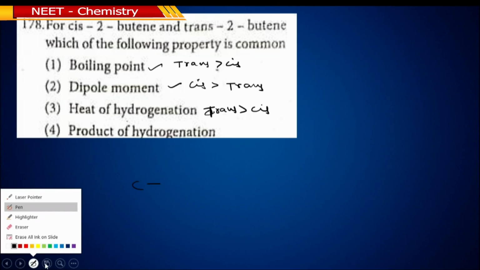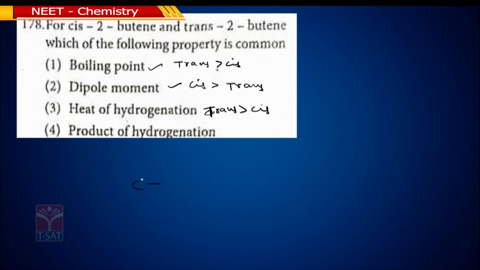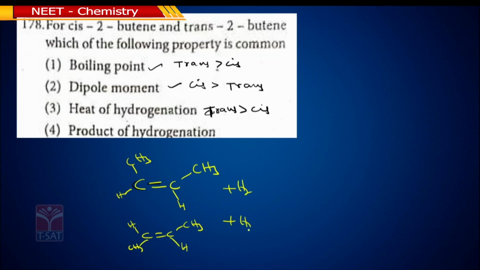Product of hydrogenation means, see, he is asking which of the following is the same. If you have taken CH3, H, this is the cis compound, and trans of it is CH3, H. If you react this with H2, you are going to get CH3-CH2-CH2-CH3.